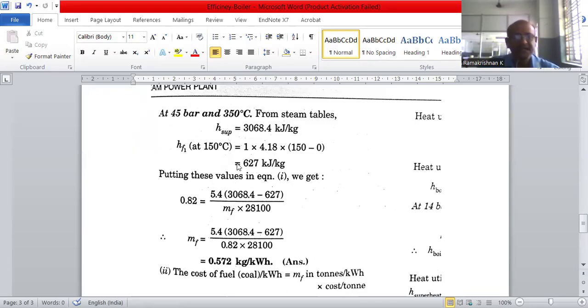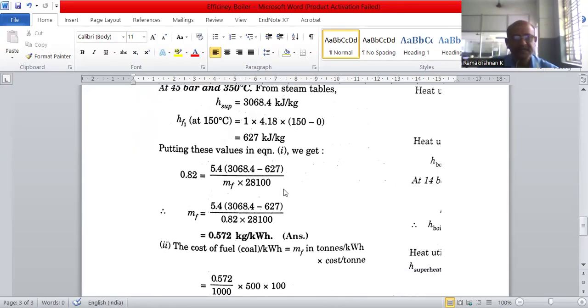Next, from the saturated water and steam table, the enthalpy at 150 degrees Celsius, Hf1, is 627 kilojoule per kg. Again, the efficiency of the boiler is given. So the only unknown parameter is mf, the mass of the fuel per kilowatt hour, because C, the enthalpies and the efficiency are all known.